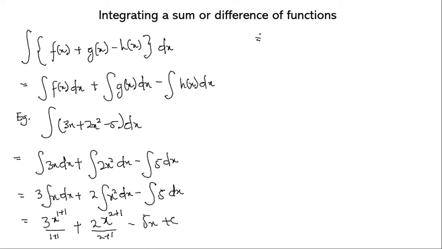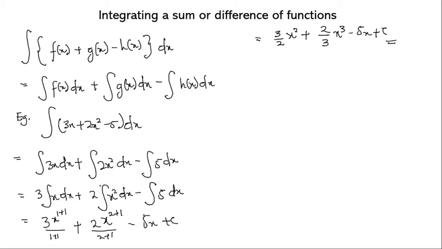So our final answer will be 3 on 2 multiplied by x squared, plus 2 on 3 x cubed, minus 5x plus c as our answer for this particular example.